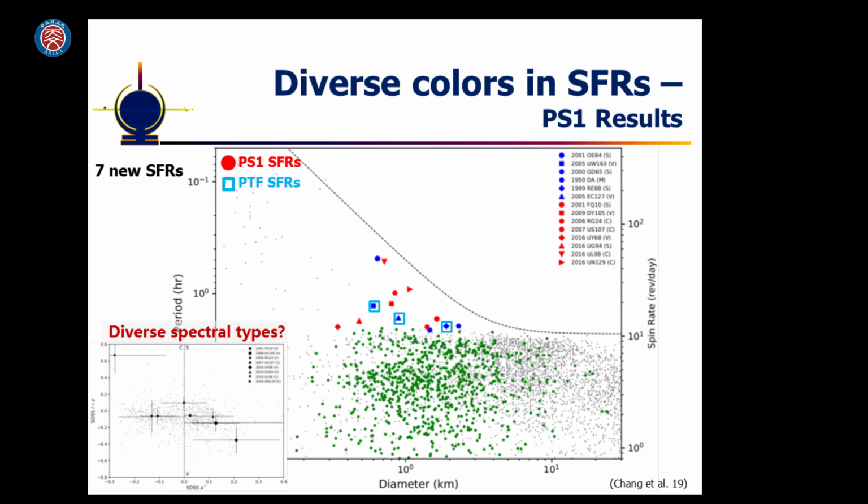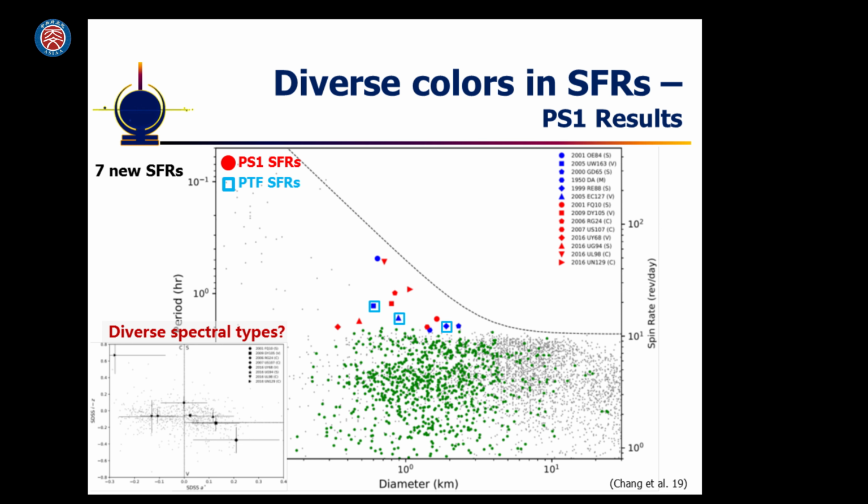And when we try to see their colors, the blue symbols are the new superfast rotators, and the x-axis and y-axis are the SDSS colors for asteroids. And we can divide the asteroids into C group, S group, and B group.